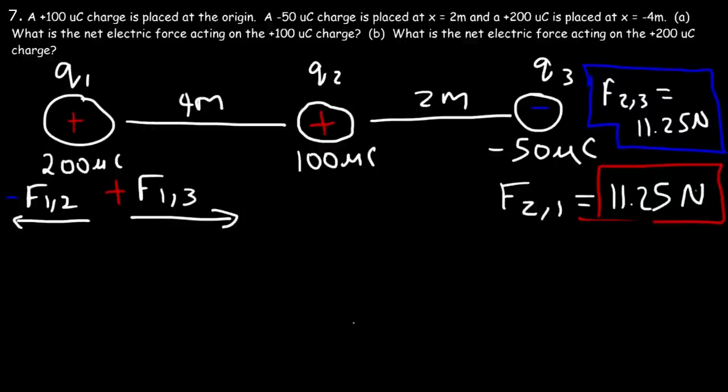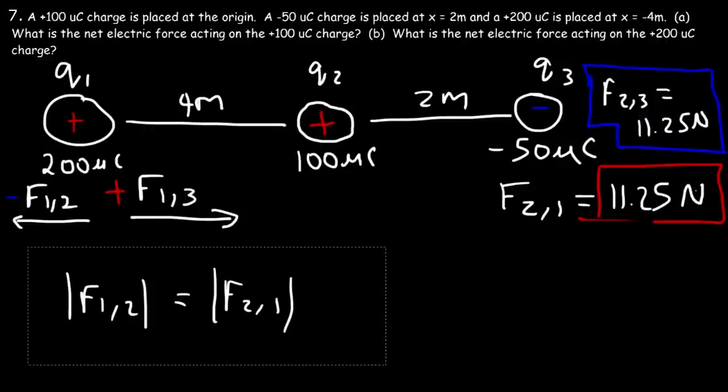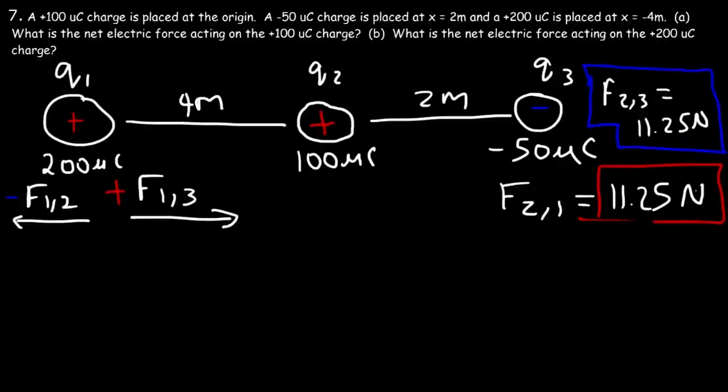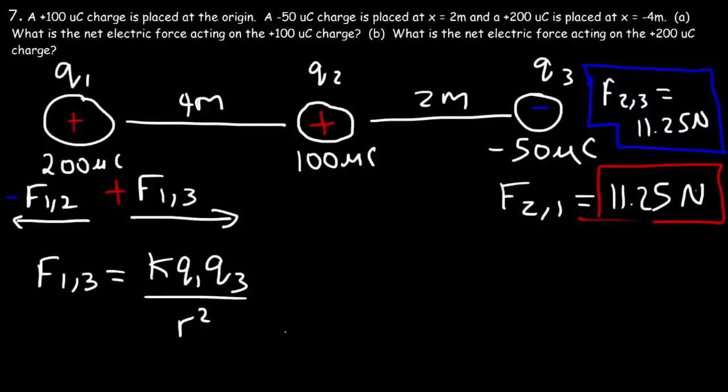Technically, we should say that the absolute value of F1,2 is equal to the absolute value of F2,1, because one might be negative and the other might be positive. So we don't need to calculate this value because we already have it here. We do, however, need to calculate this value because we don't have that yet. So F1,3 is going to equal K Q1 Q3 divided by R squared.